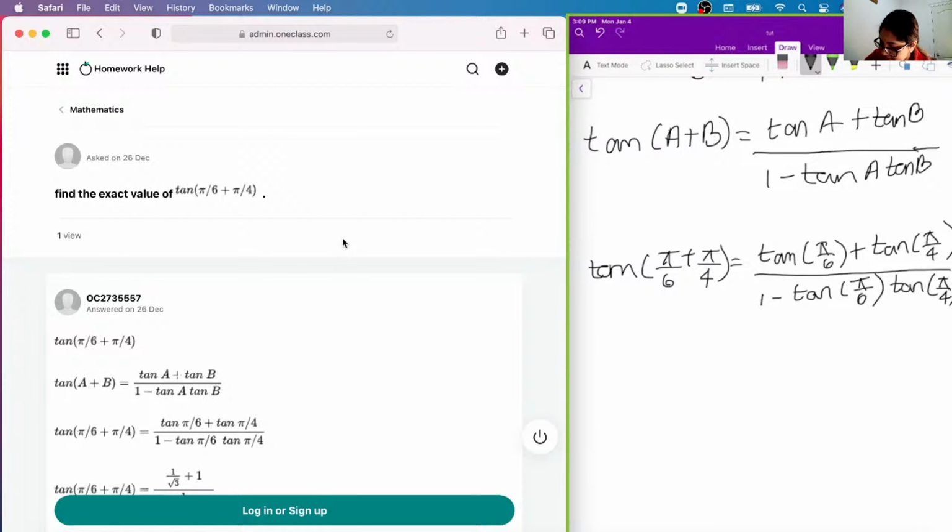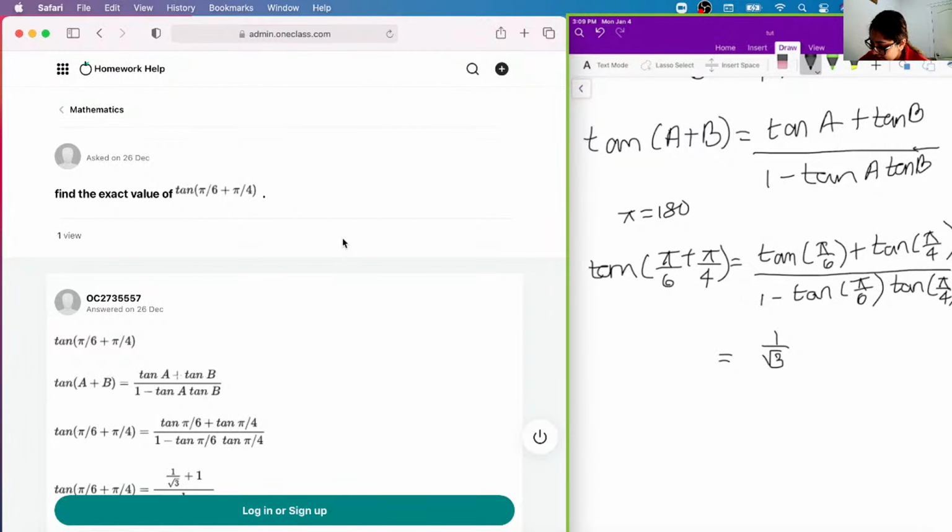Okay, so to further evaluate, we know that tan pi over 6, which is basically tan of 30, keeping in mind that pi is equal to 180 degrees, tan of 30 is 1 over root 3.